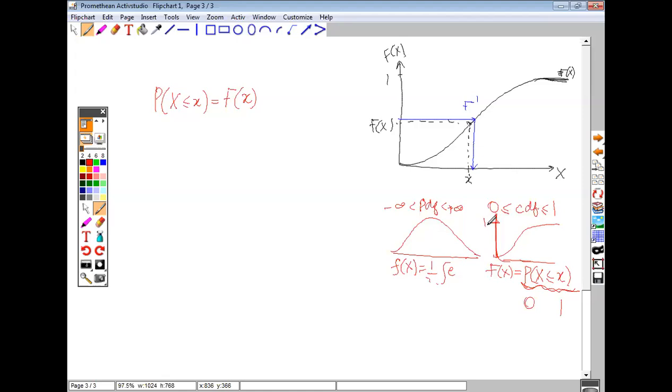Got it, ma'am. Because in CDF also we are considering sort of like a probability only. So it should be under 1 itself. Yeah, so remember when I discussed the difference between probability and likelihood. There is one thing that goes under the curve and there is one thing that is measured on the y-axis.